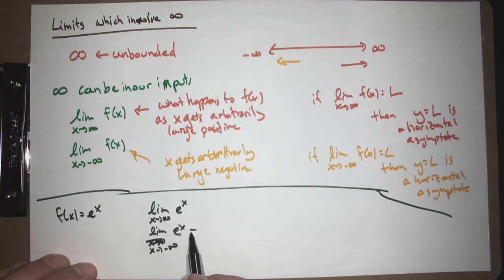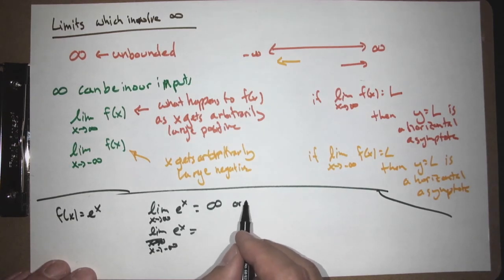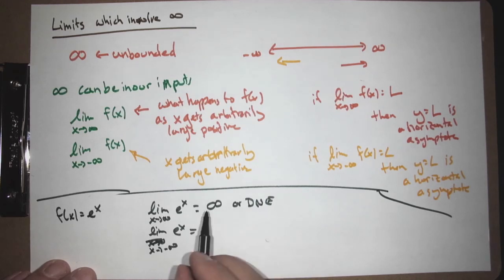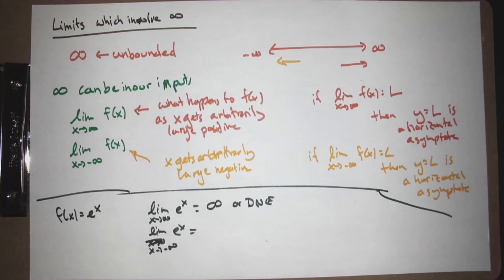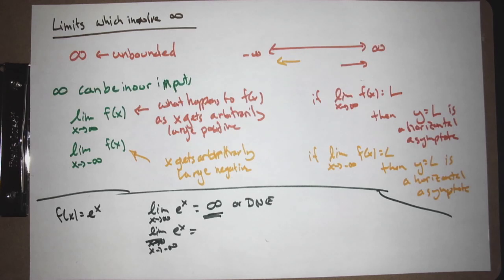As your input gets large positive, e to the x, the function, does what? It gets big, arbitrarily big. You can either say it's infinity, or sometimes people will say it does not exist, either one. When we say something's infinity, it just means it's getting arbitrarily big. I would lean towards infinity. What happens to e to the x as x goes to negative infinity?